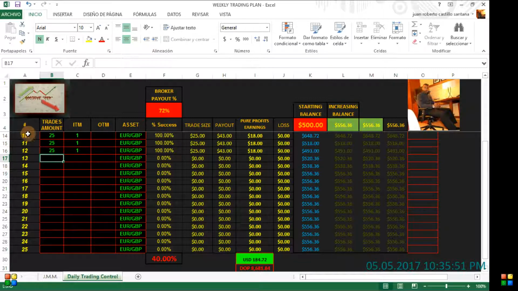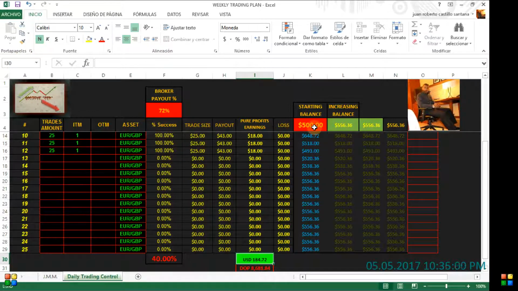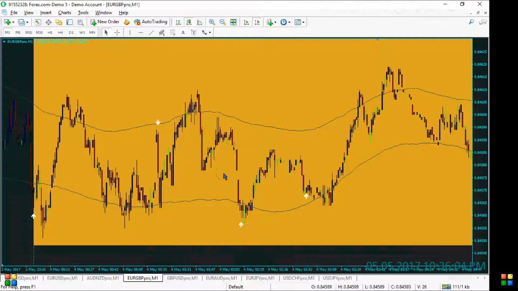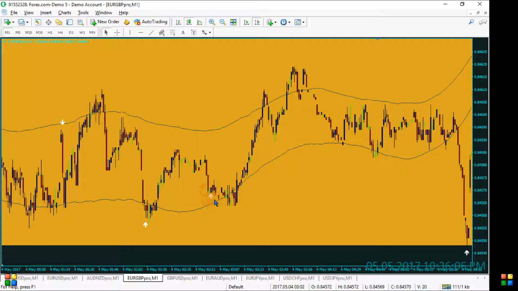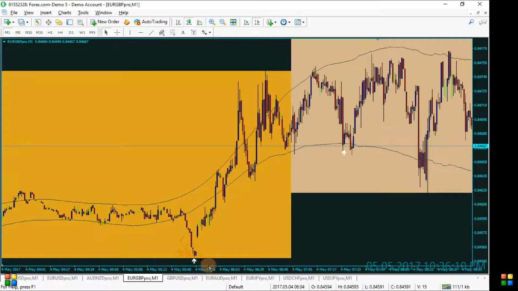I can't believe this, guys. Look. We are already $184 above the $500 that we just invested. So let's continue. This is not a valid signal to me. Obviously, this is a very valid signal to me.